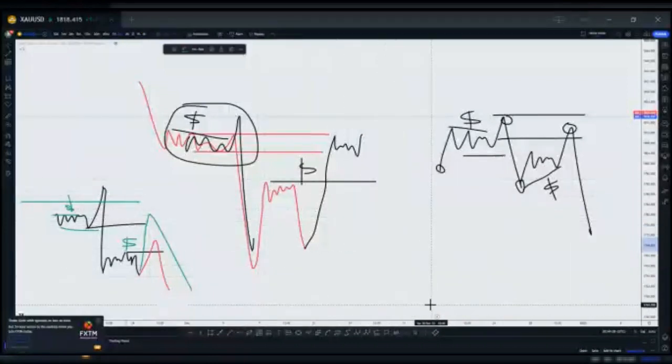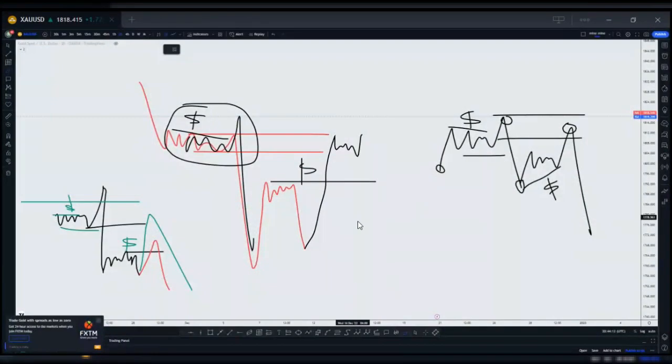Okay, and another one which is not that popular, I don't really see this most of the time, is let's say we have a POI. Okay, we see price forming like a 3D. I don't know, it's been long I used this term, but I do still pay attention to this kind of pattern as well.